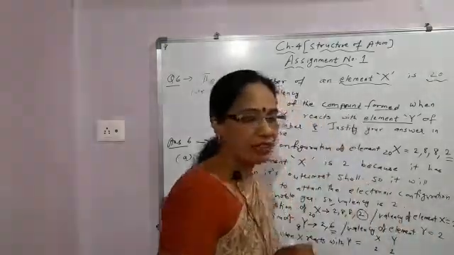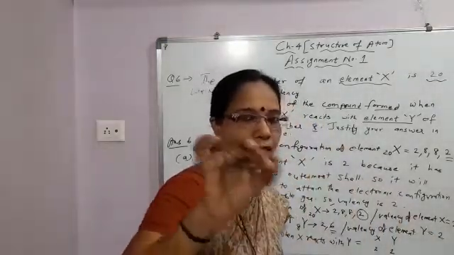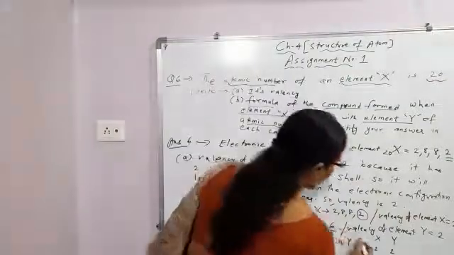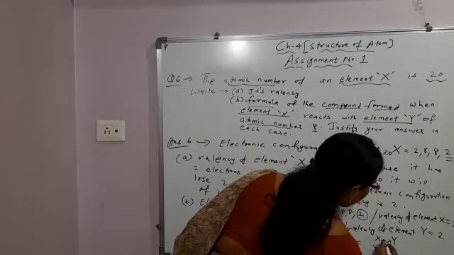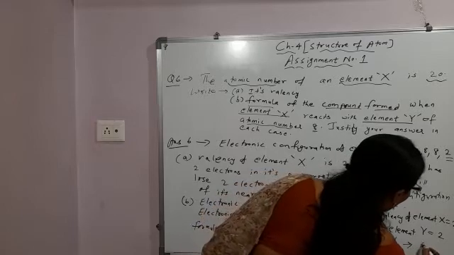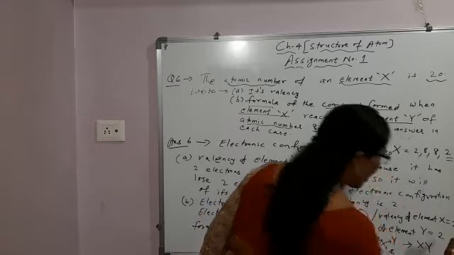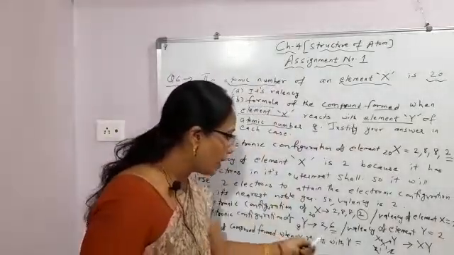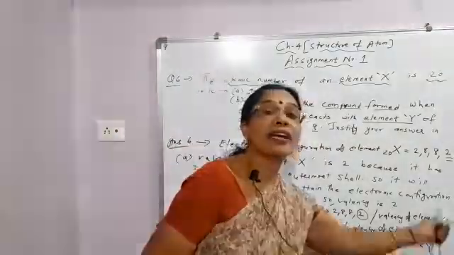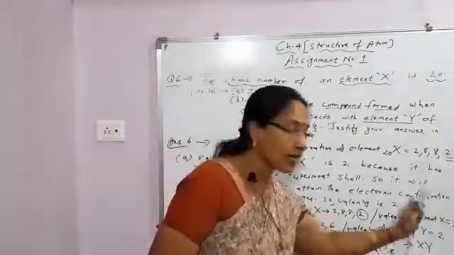Now after writing the valency, if it is divisible by common factor, you will divide it. So 2 ones are 2, 2 ones are 2. Then you cross multiply, 1. So X, Y, because 1 we don't write. So what is formula of the compound formed when X reacts with Y? XY. What is that? XY.